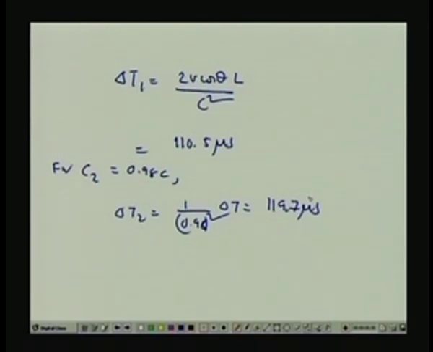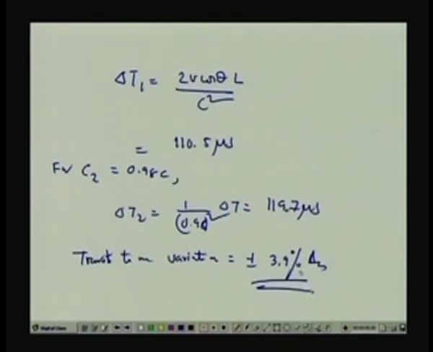So, this will lead to the transit time variation. The transit time variation is equal to plus minus 3.9%. This is our answer.